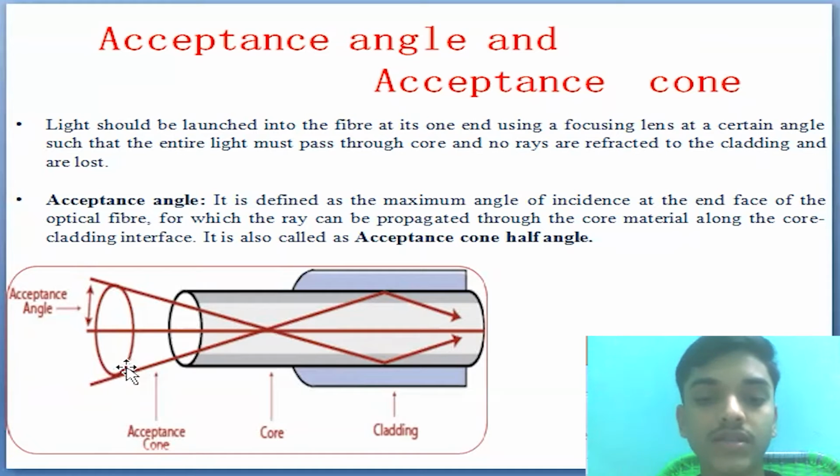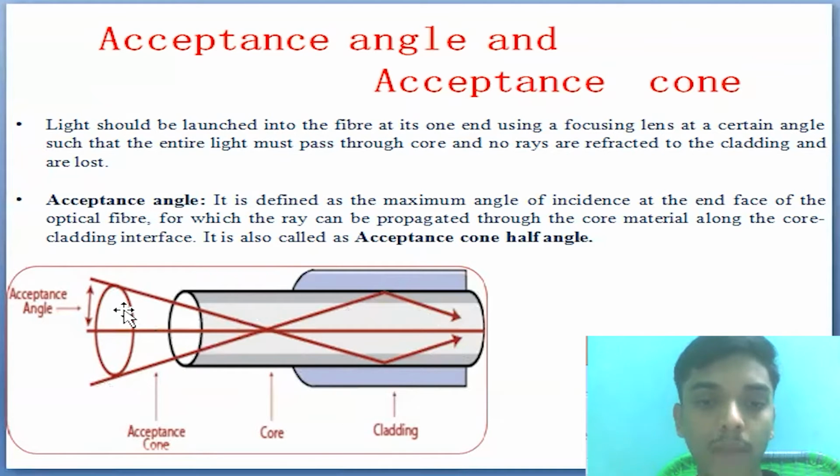As you can see, this light ray propagates inside without loss at the core-cladding interface. It goes along the length of the optical fiber and exits from the other end. As indicated, this is core, this is cladding, and this is the acceptance angle.